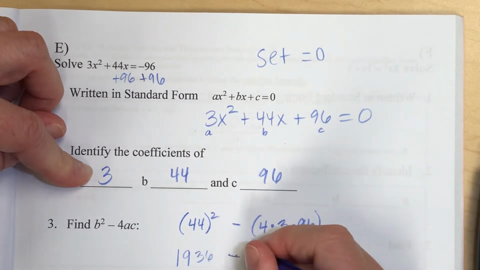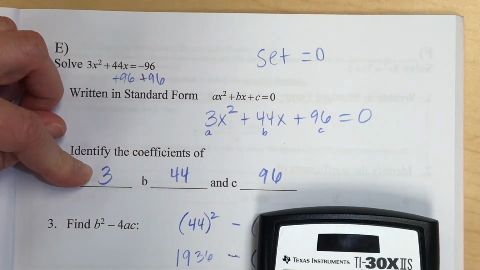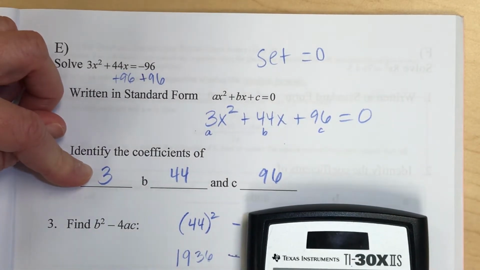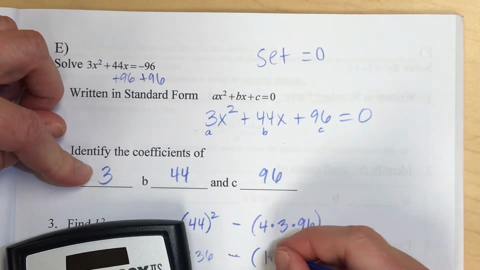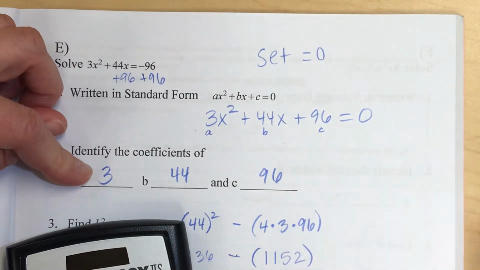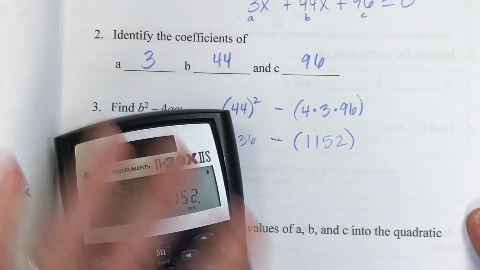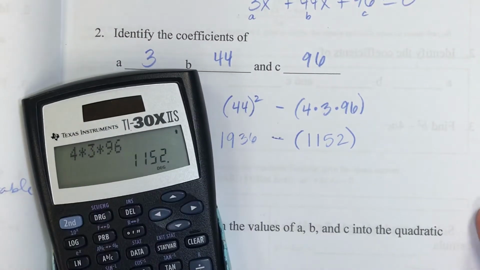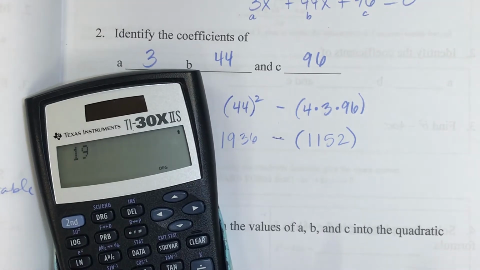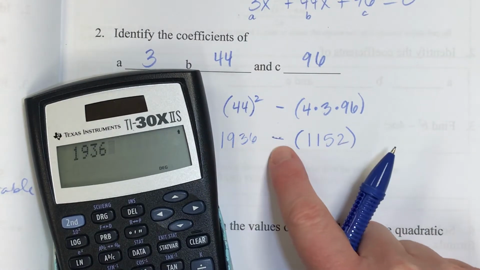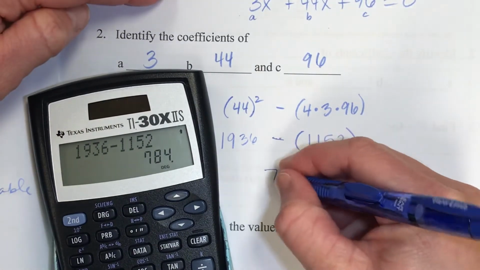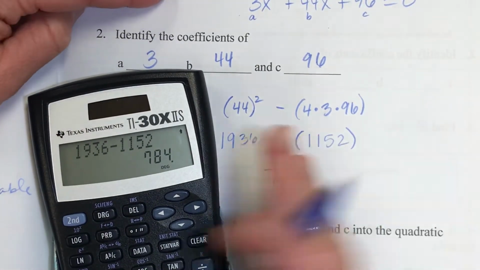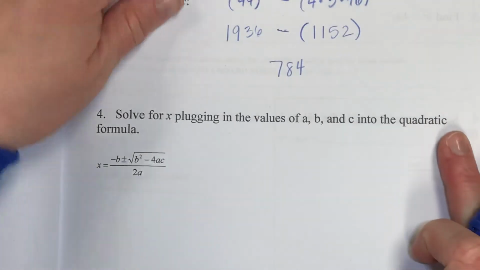And then I'm going to subtract 4 times 3 times 96, which is 1,152. And so now what I'm going to do is subtract. 1,936 minus 1,152 is 784. It's a big number, but that's okay because we got our calculator.